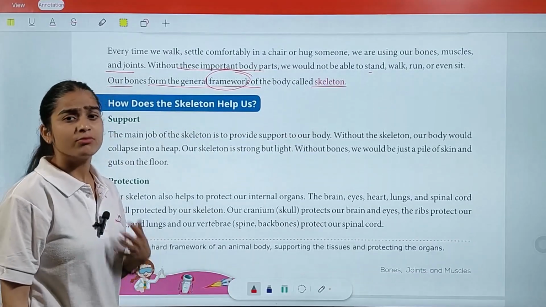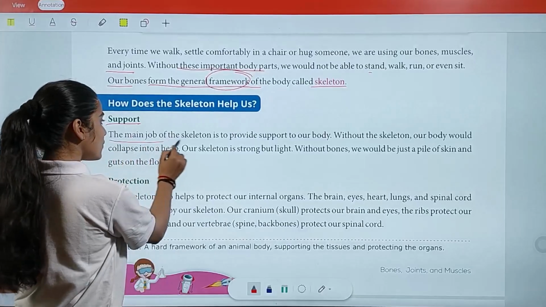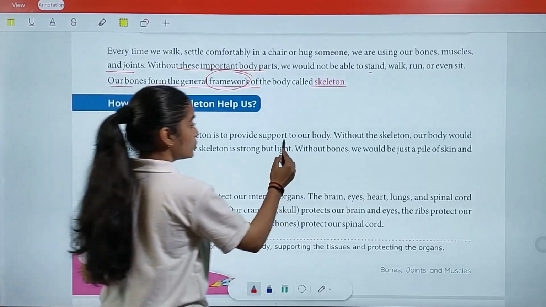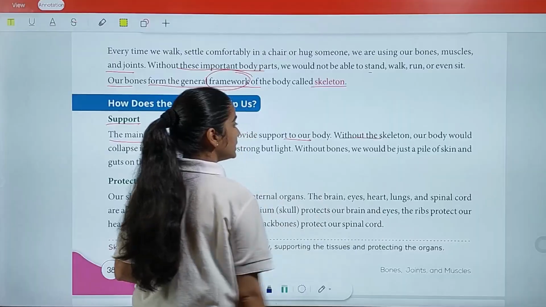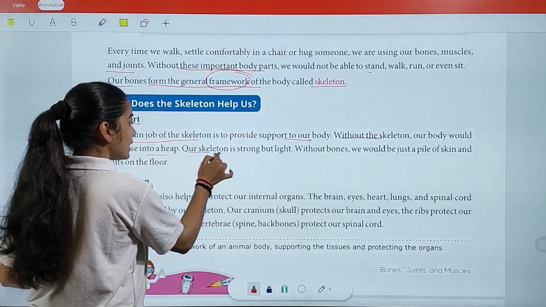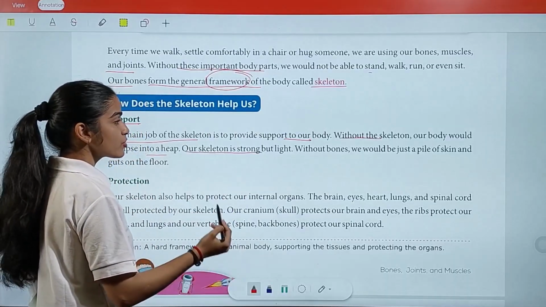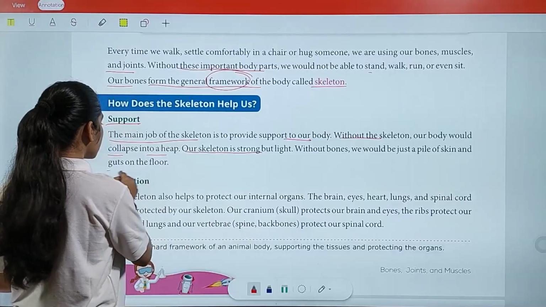So now how does the skeleton help us? Support. The main job of the skeleton is to provide support to our body. Without the skeleton, our body would collapse into a heap. Our skeleton is strong but light. Without bones, we would be just a pile of skin and guts on the floor.